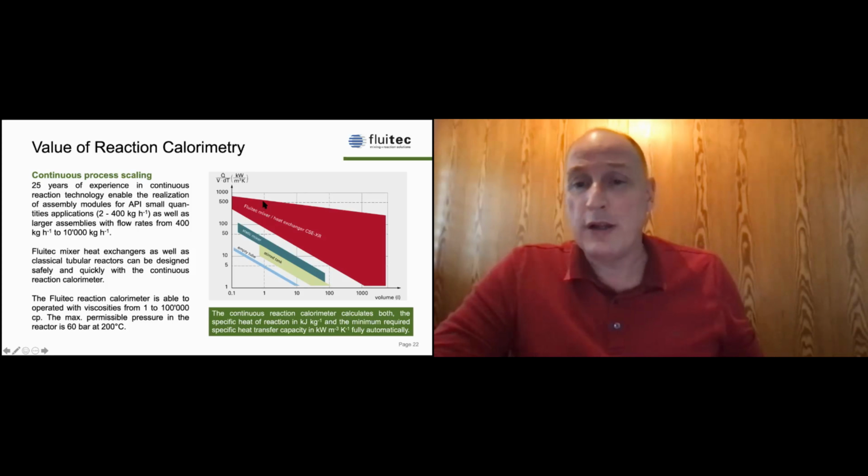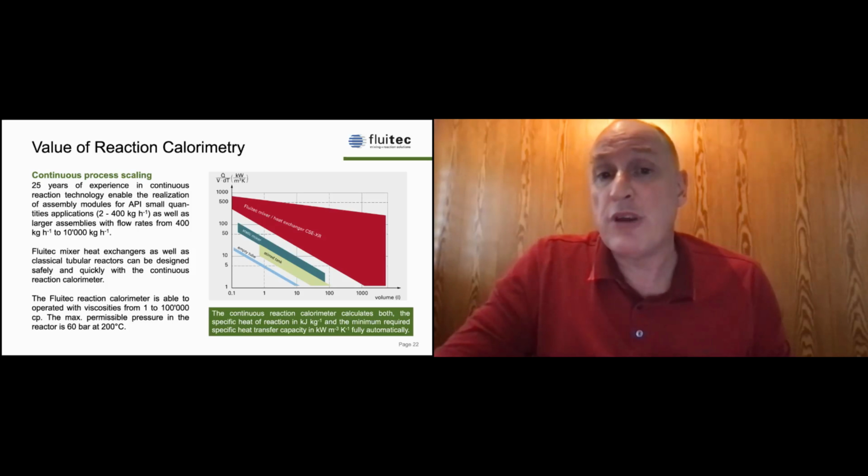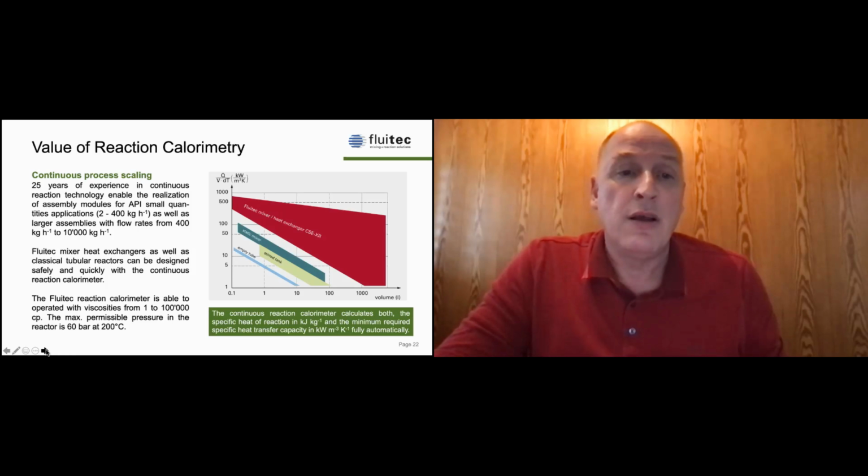And if you say, okay, I can risk a temperature profile of 20 degrees C, the program will automatically calculate the specific heat transfer coefficient for a polytropic profile of a maximum temperature increase of 20 degrees C.